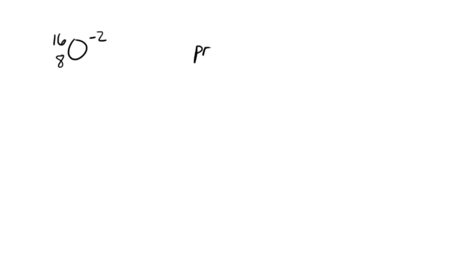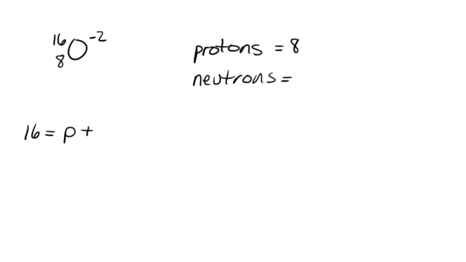To start us off, to figure out the number of protons, hopefully we can see that that is going to be 8, because again, that's whatever the atomic number happens to be. For the number of neutrons, we're going to use that mass number to calculate that. Our mass number is 16, and we know that that's going to be equal to the protons plus the neutrons. Since I know my protons are 8, I can solve for N. So N is also going to be 8.